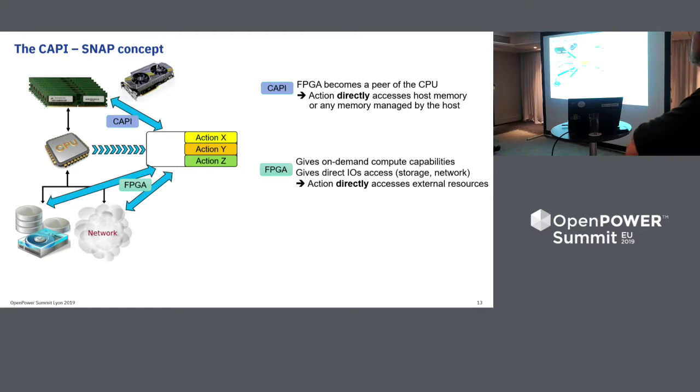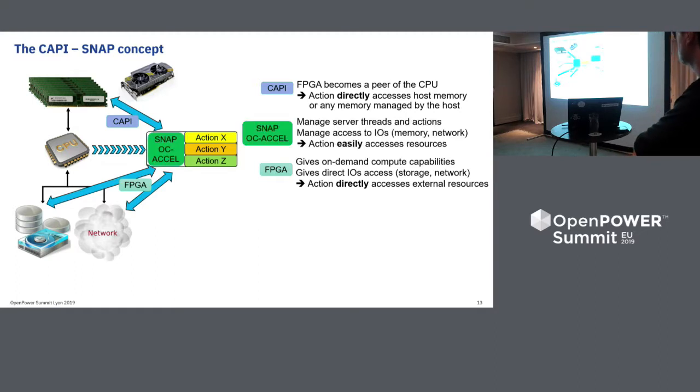And to ensure that the user doesn't need to know how to code a read and a write to DDR3, DDR4, HBM, or any specific protocol, we have hidden all that into the SNAP or OCXL framework. Everything is open source, so you can have access to the source code of that. But the goal of this is to have everything transparent for the user.